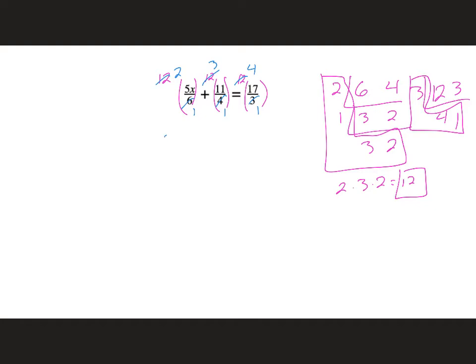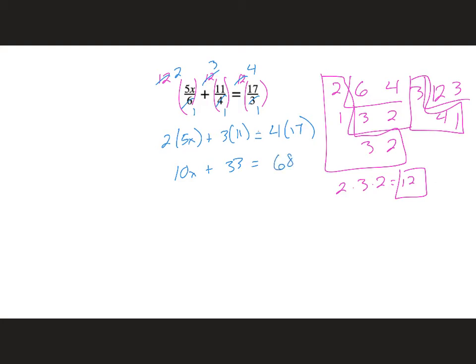So now what I really have is 2 times 5x plus 3 times 11 is equal to 4 times 17. Okay? So 2 times 5x would give me 10x plus 33 is equal to 68.